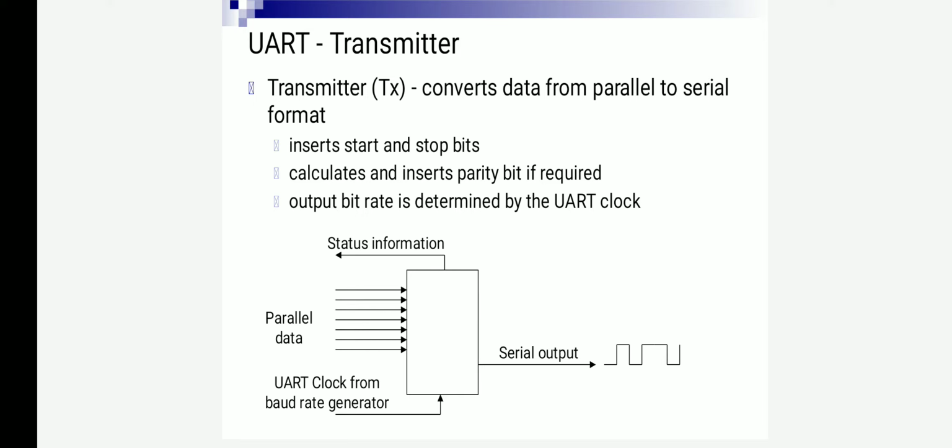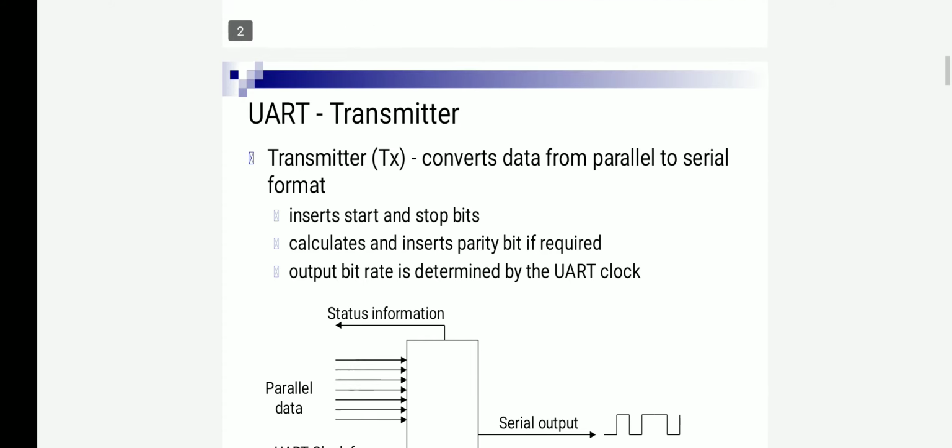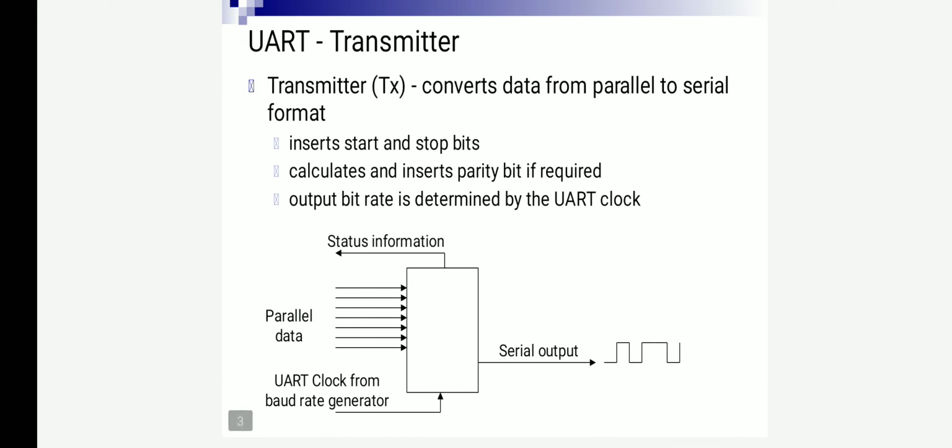Here we can see that this is the parallel data which is coming to the UART, which converts this into serial output data which goes to the transmission end. This is the UART clock from the baud rate generator, and this gives the status information.